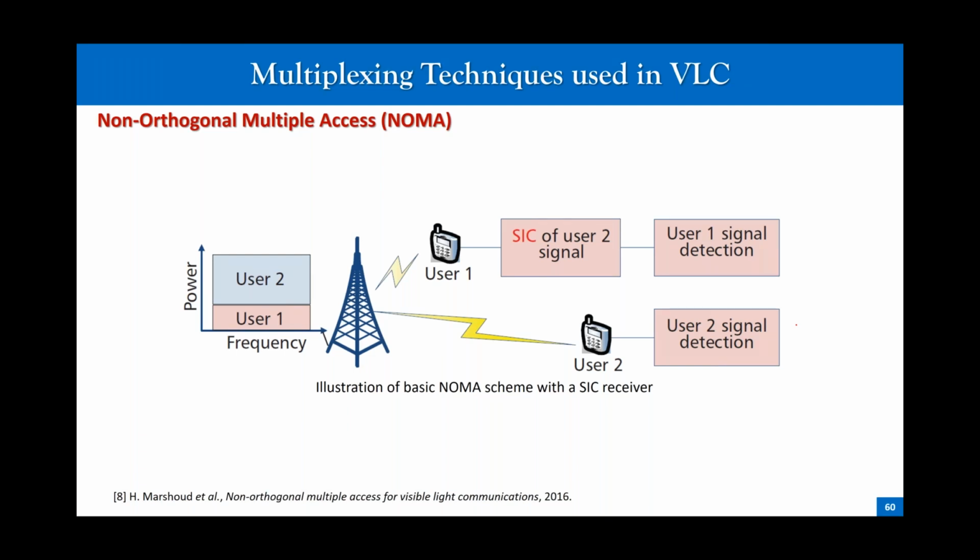We are looking at power domain NOMA basically. The two users' signals are different in their power levels, and then we can use what is known as a successive interference cancellation receiver at the receiver to decode the signal.